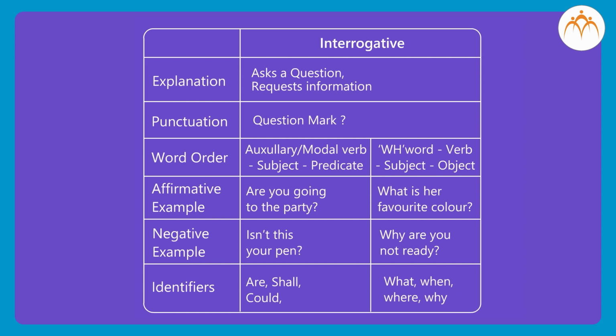Affirmative example, are you going to the party? What is her favorite color? And negative examples, isn't this your pen? Or why are you not ready? Identifiers are, shall, could, what, when, where, etc.